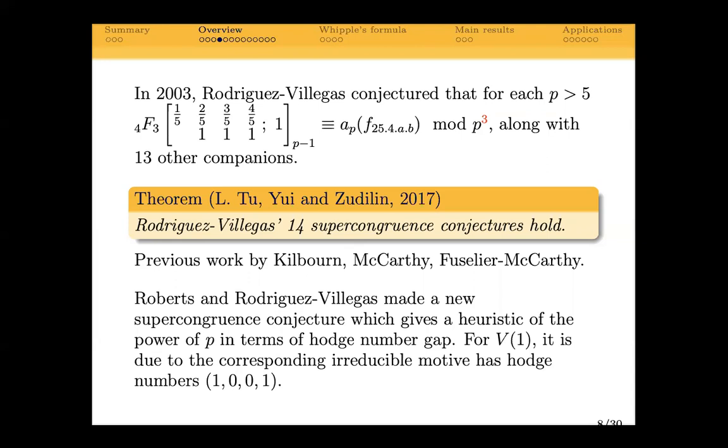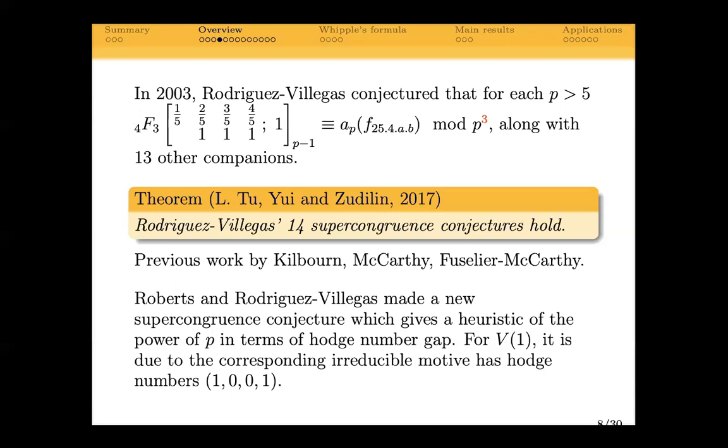And he discovered this, and, as I mentioned, there are 14 Calabi-Yau equations. He also made the conjecture for the other 13 cases as well. So in 2017, my colleagues Fang-Ting Tu, Noriko Yui, Wadim Zudilin and I together proved that his conjectures were all true.